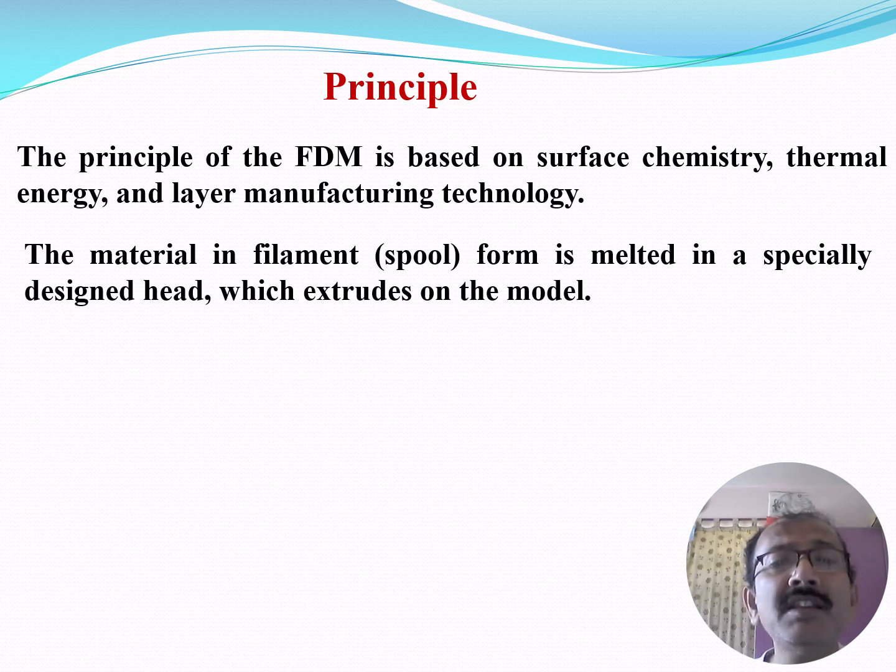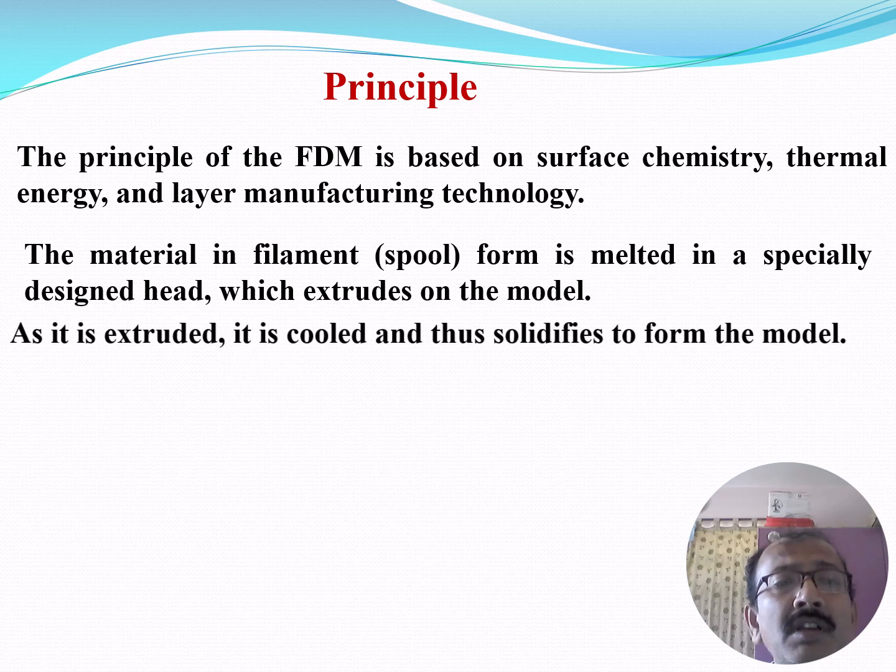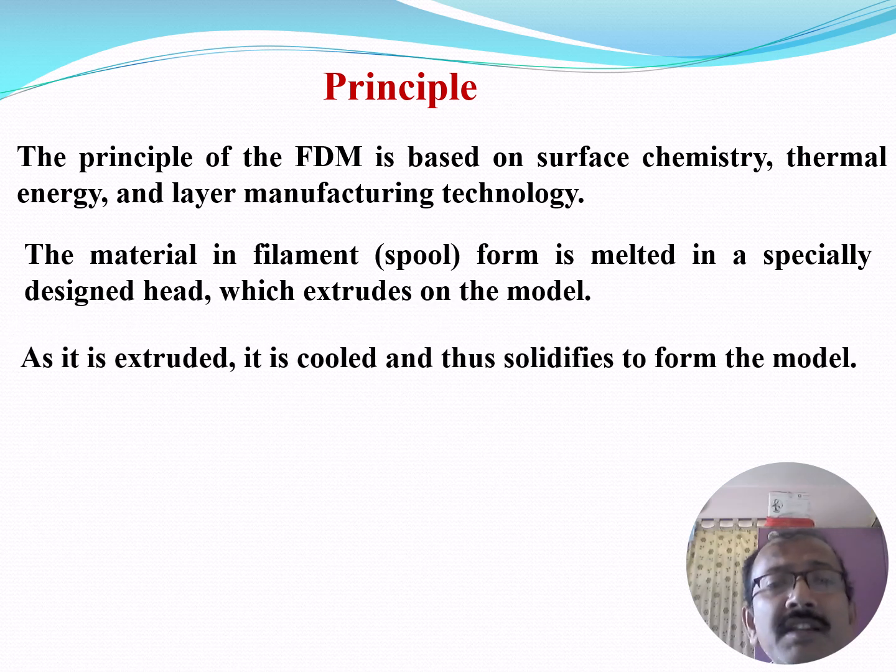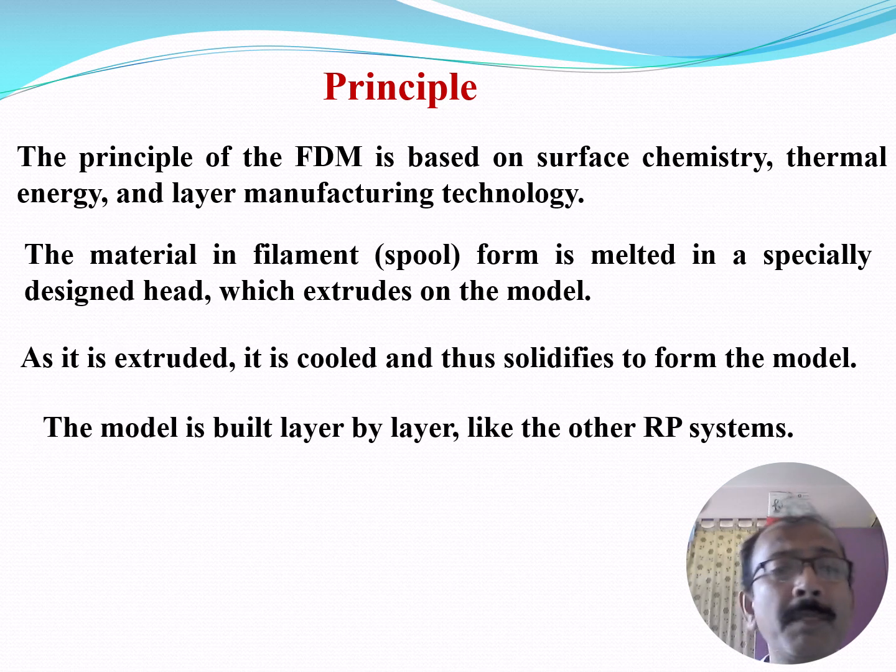The material is a filament, that is called a spool, melted in a specially designed head which extrudes onto the model. As it is extruded, it is cooled and thus solidifies to form the model. The model is built layer by layer like the RP system, that is rapid prototype system.